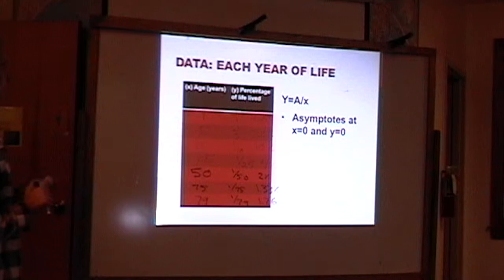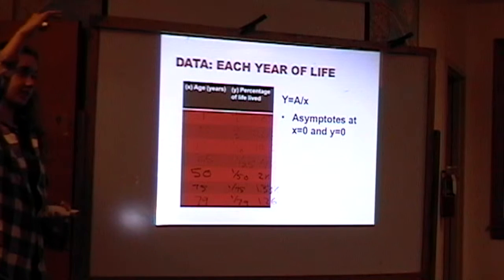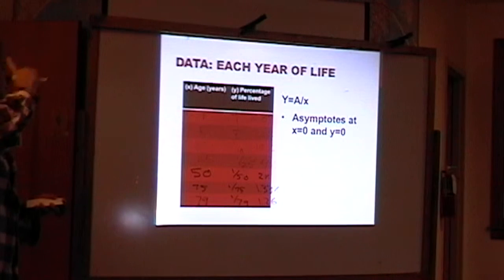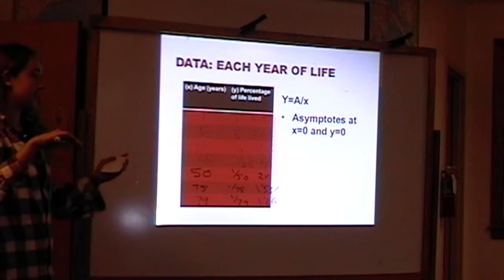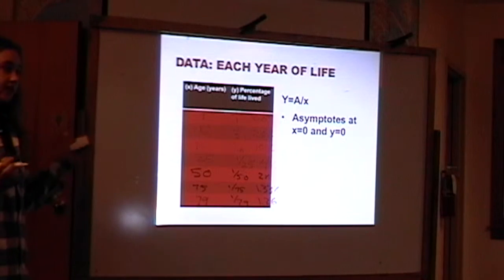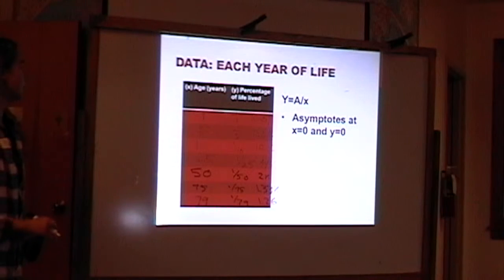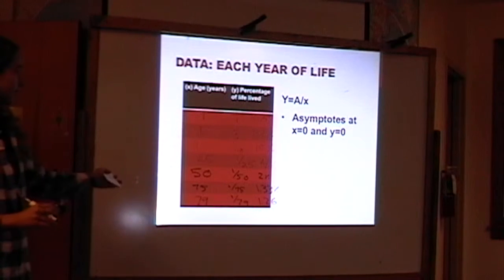With this, I have my Y value being in percentages. So 100 is going to be my maximum value, and 0 is going to be my minimum value. But you're never technically going to have 0% of your life left. So you're just going to get infinitely closer and closer to the point where you die. So you'll never reach 0.